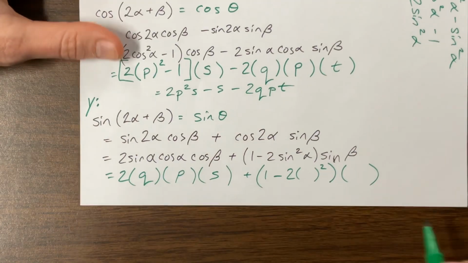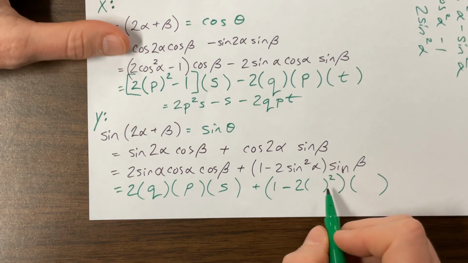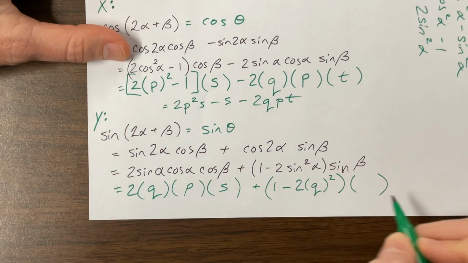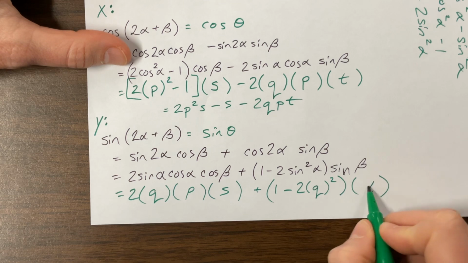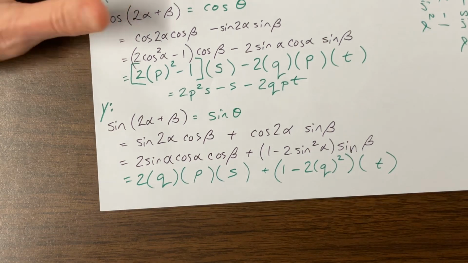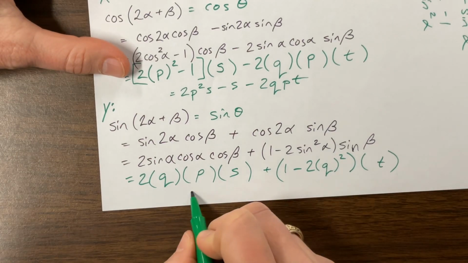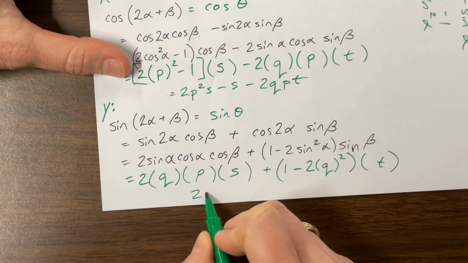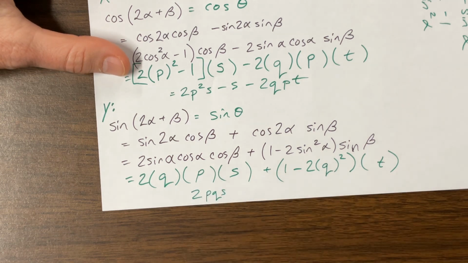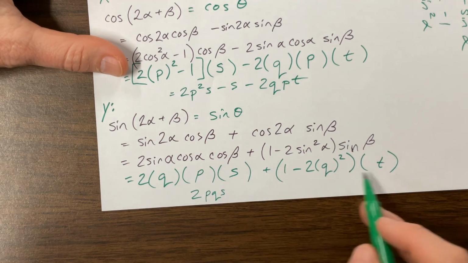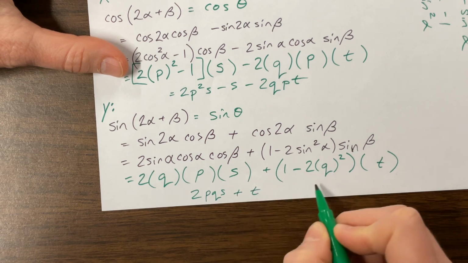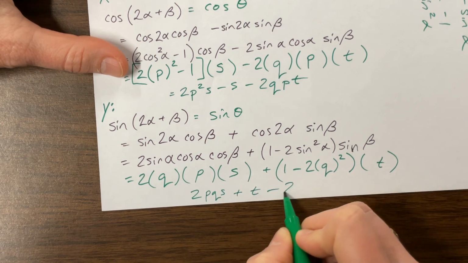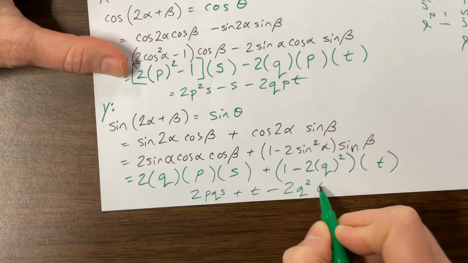I can see it, but you cannot. I'm sorry. Sine of alpha is q. That gets q squared. Sine of beta was t. And so maybe you could expand this out to, well, p, q, s. Maybe we do them in alphabetical order. I see a positive t, and then I see a negative 2q squared t.